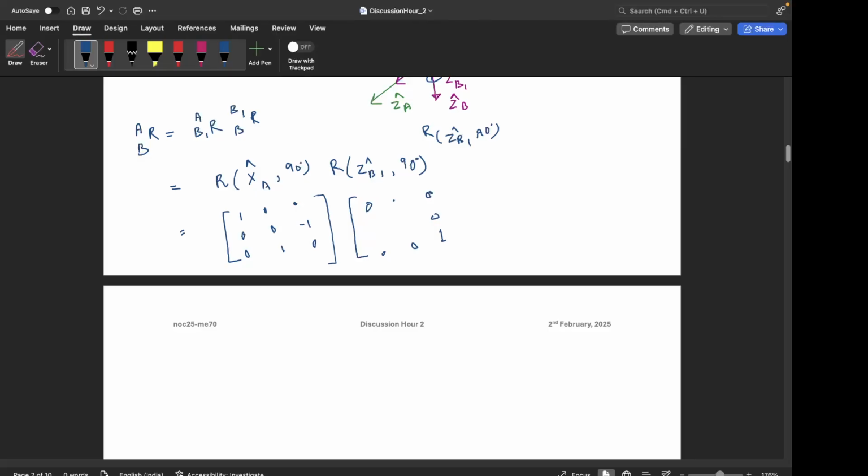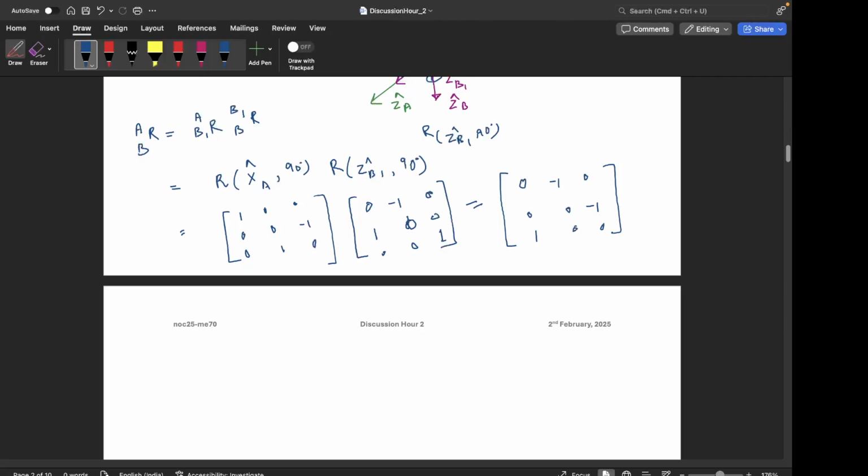Again cos theta is 0, minus sine theta 0. Right, and if you multiply this, we get, I have done this multiplication beforehand so that I can write it quickly, so this is 0, minus 1, 0.